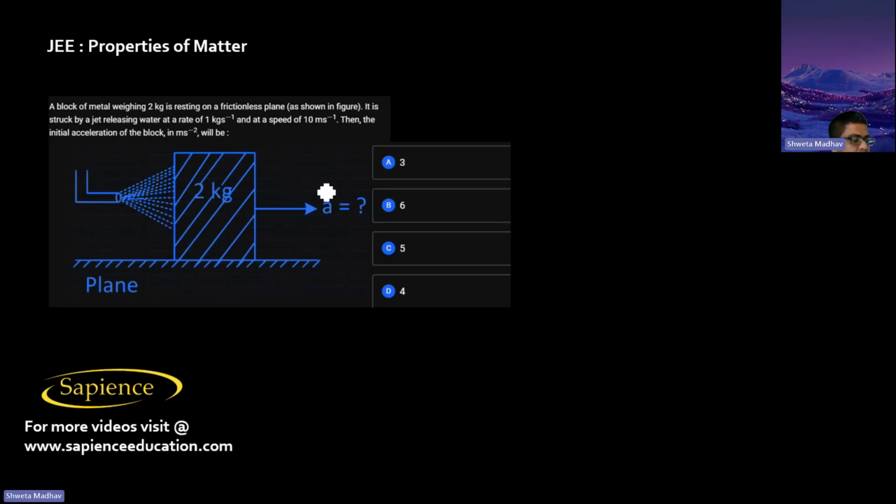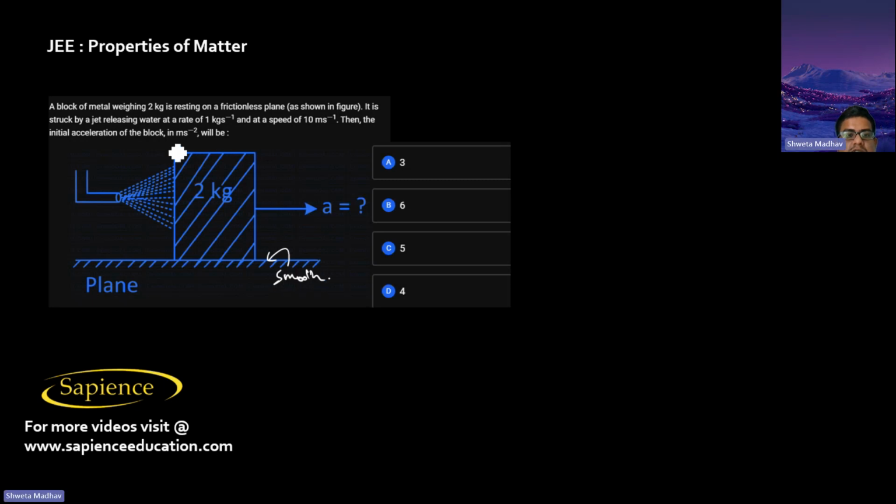Then it is told a block of metal weighing 2 kg is resting on a frictionless plane as shown in the figure. So here it is smooth only.